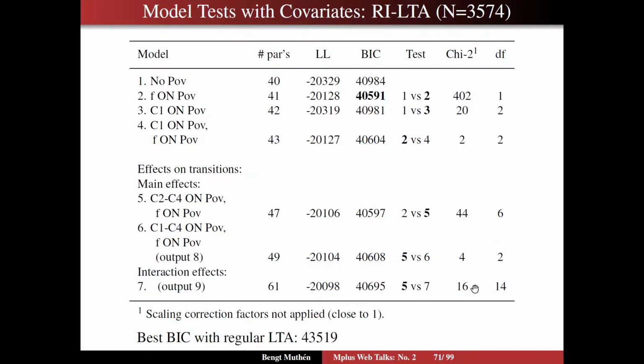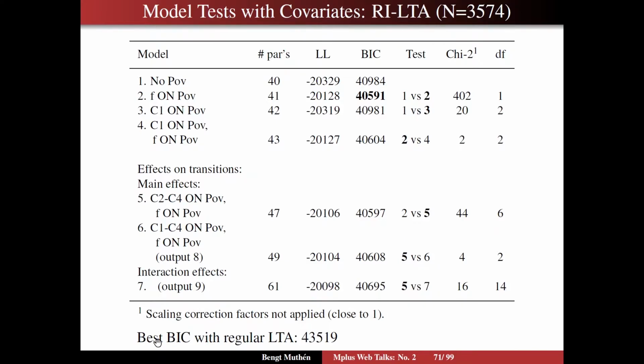With 14 degrees of freedom, the chi-square difference is 16. So you would choose model 5 here as well. And model 5 is the one with the best BIC as well. So model 5 might be the model, although model 6 wouldn't be too bad to use as well. Both of them have good BIC values.